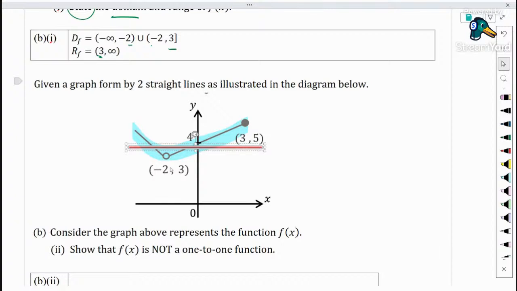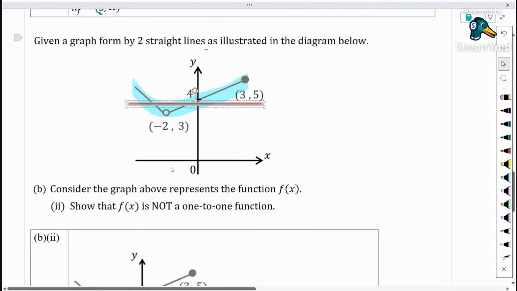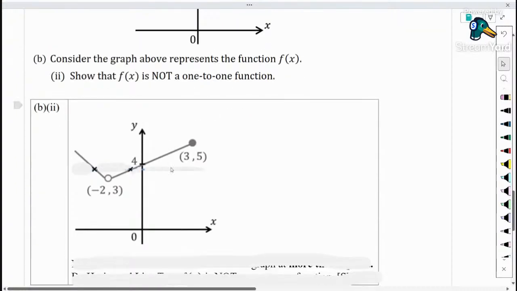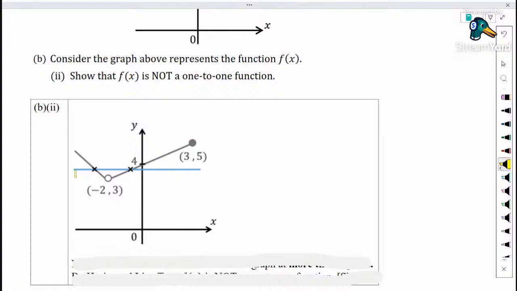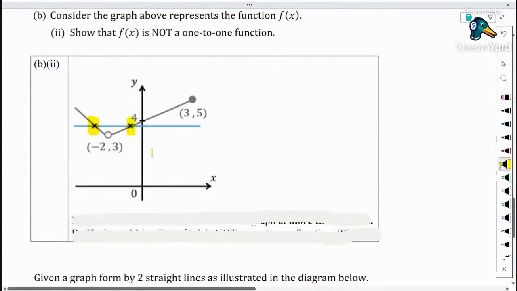And how should we write our conclusions? How should I write the solution is that maybe copy back the diagram, and then in our diagram, let us put a horizontal line at a position where you can see clearly it intersects the graph at 2 points, or rather, I should say more than 1 point.